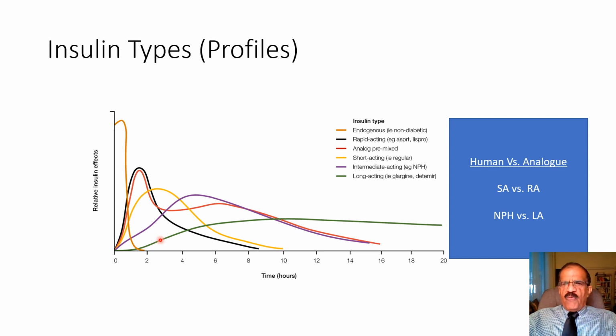This is the profile of different insulins in graphical form. Now I will emphasize only on two things: human versus analogs. First, short acting versus rapid acting. Short acting are human insulins, and rapid acting are insulin analogues.